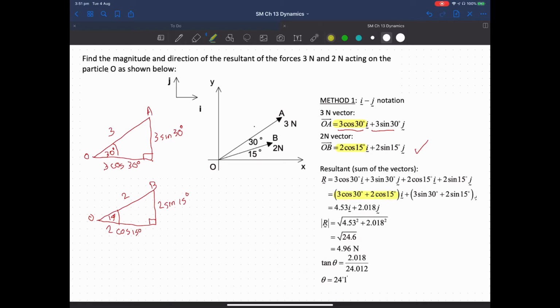So we get 3 cos 30 degrees plus 2 cos 15 degrees in those brackets in unit vector I direction. In the J direction, we have 3 sine 30 degrees and 2 sine 15 degrees. We add those two together, and they are going in the direction of unit vector J.